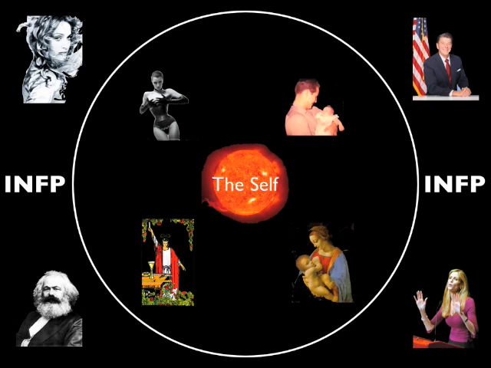Let's look at another example. INFP. Primary function is introverted. Primary extroverted function is a perceptual function, intuition or sensation, which means intuition or sensation is going to be a secondary function here. And which is it? It's intuition. Notice where it goes.